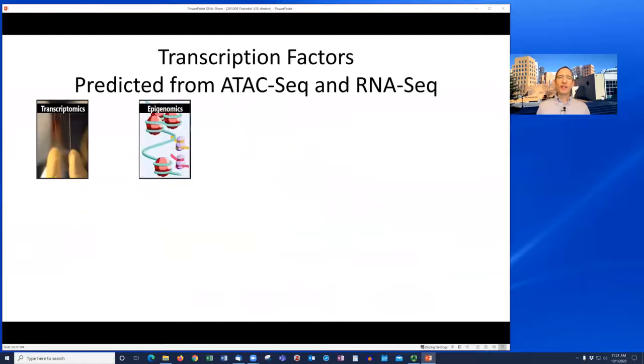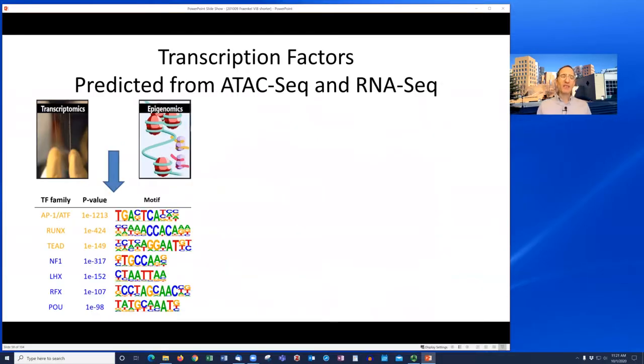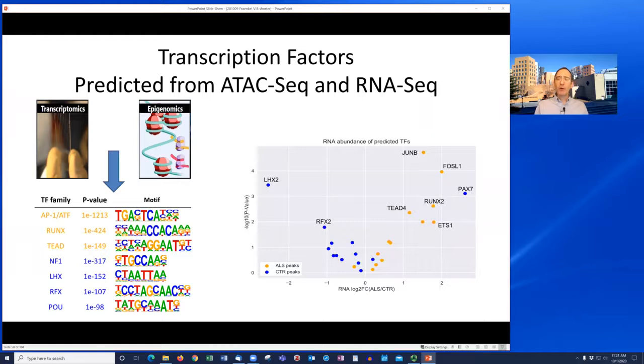And so when Johnny did that and merged these data sets, he found a number of transcription factor motifs. And then he asked, what do we know about the proteins that might bind these transcription factors? And do those proteins, the transcription factors themselves, change between the ALS and the control samples? What we found was really quite striking. So in this plot, on the x-axis is the fold change in the RNA for the transcription factor.